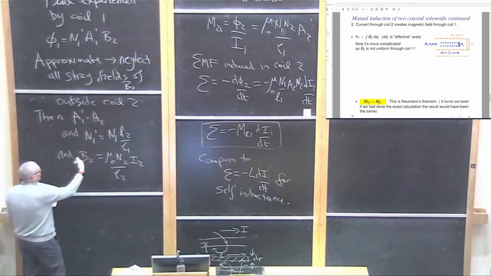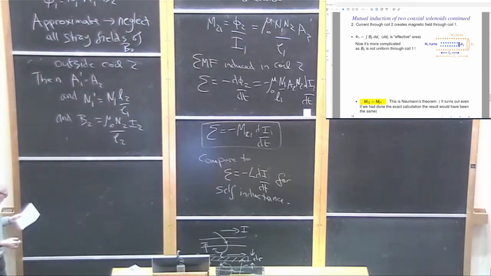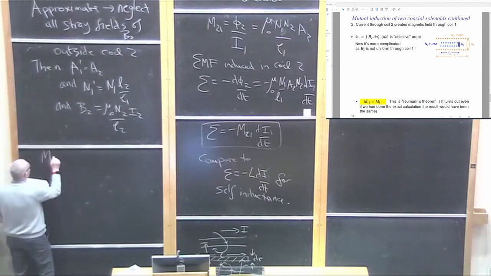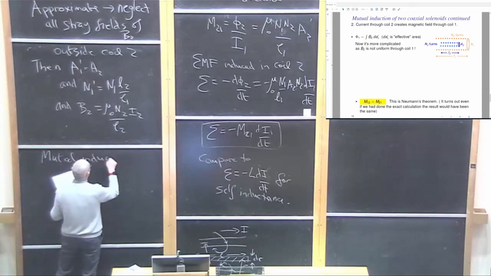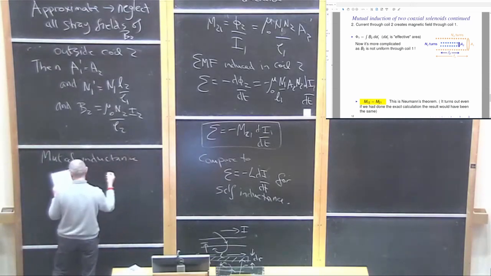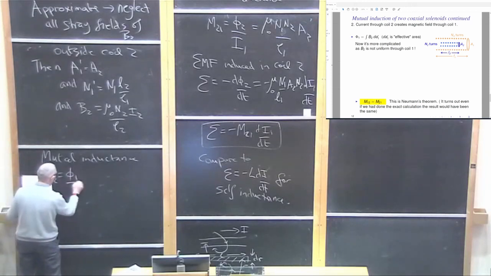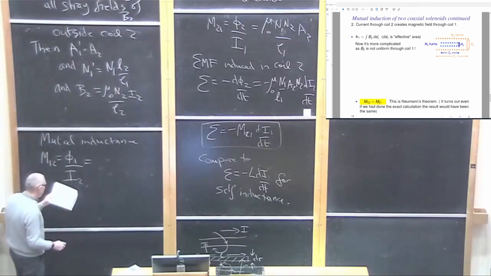So that's just the standard formula from Ampere's law. So in this case, the mutual inductance can be calculated. I'm just going to put all this together. M12 is now equal to phi 1 over I2.